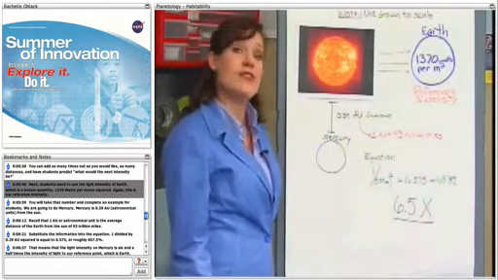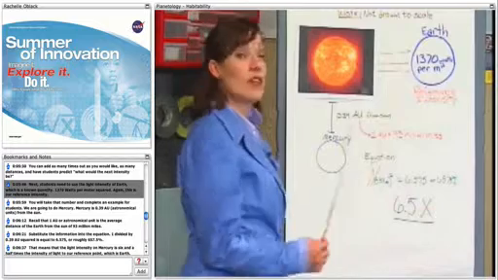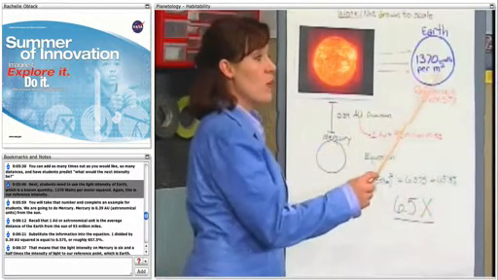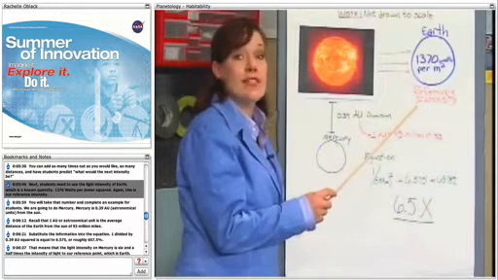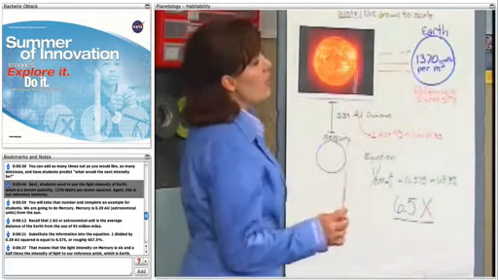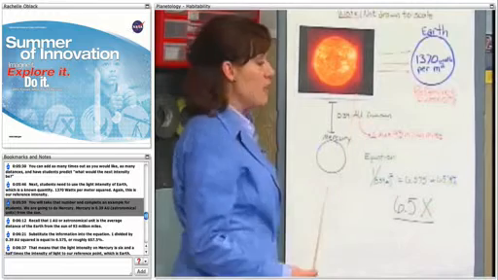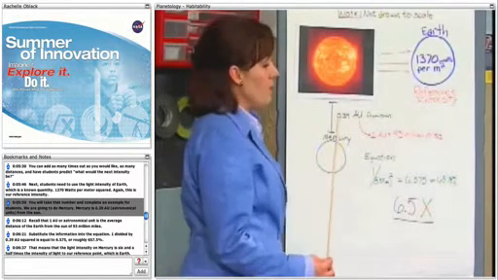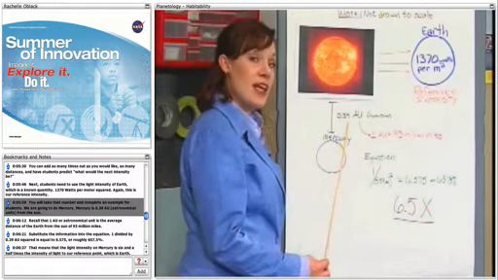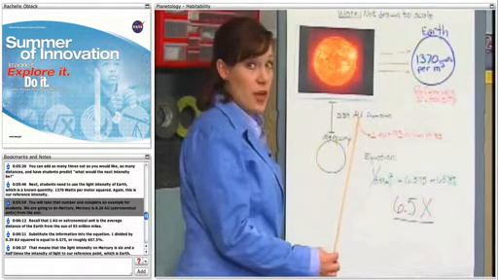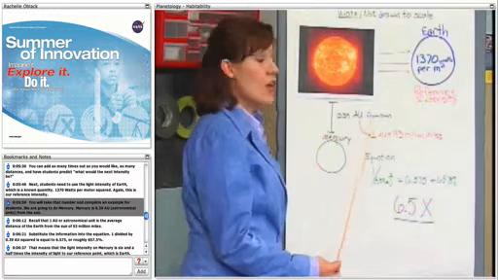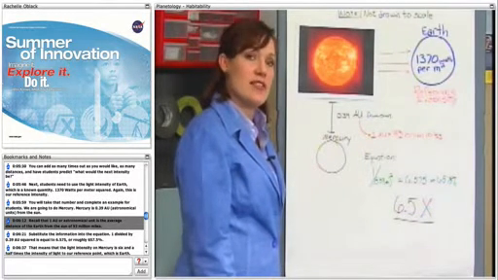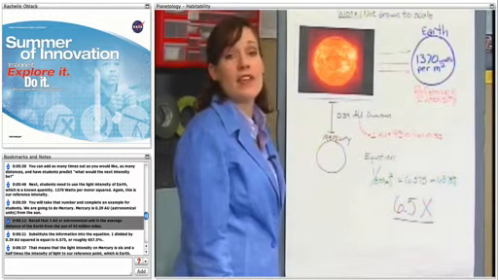Next, students need to use the light intensity of Earth, which is a known quantity, 1,370 watts per meter squared. Again, this is our reference intensity. You will take that number and complete an example for students. We're going to do Mercury. Mercury is 0.39 AU, or astronomical units, from the sun. Recall that 1 astronomical unit is the average distance from the Earth to the sun of 93 million miles.